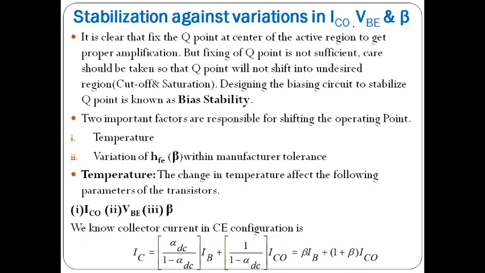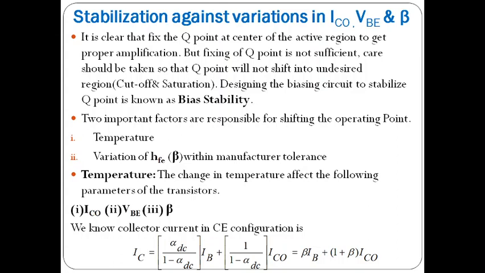So before going to that, we should know the current relationships in the CE amplifier configuration. So we already derived IC equals alpha DC by 1 minus alpha DC into IB plus 1 by 1 minus alpha DC ICO. Otherwise it is ICBO when emitter is open.